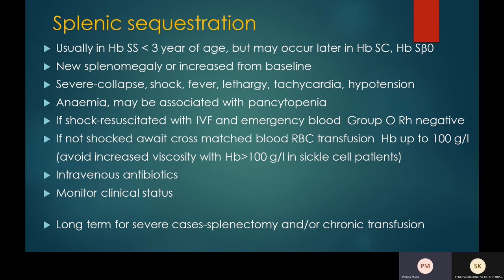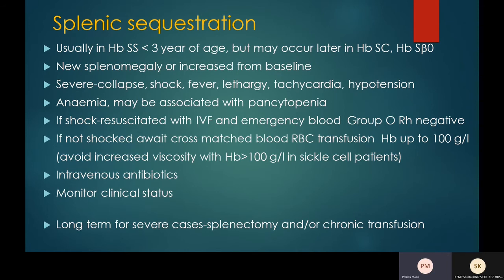We generally want to avoid transfusing patients with sickle cell disease to hemoglobins greater than 100, because then there's increased viscosity of the blood and this can result in more complications.